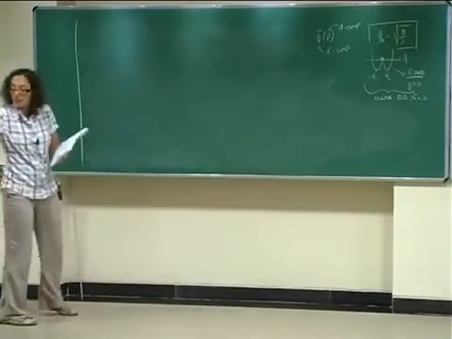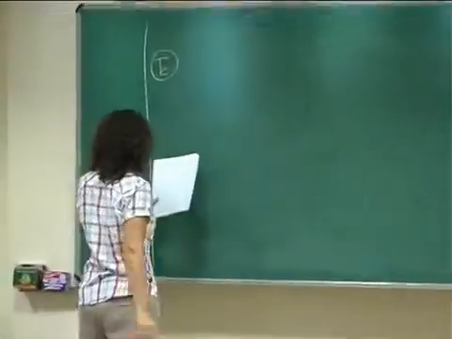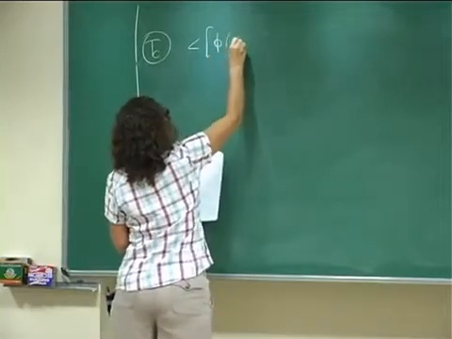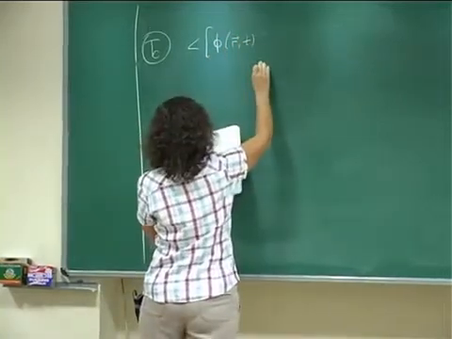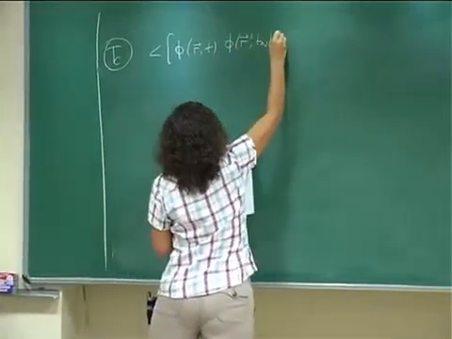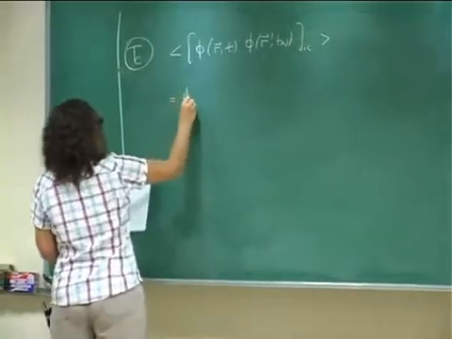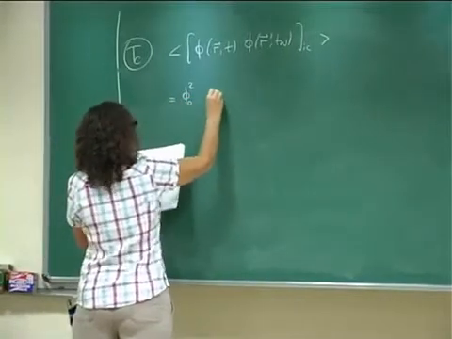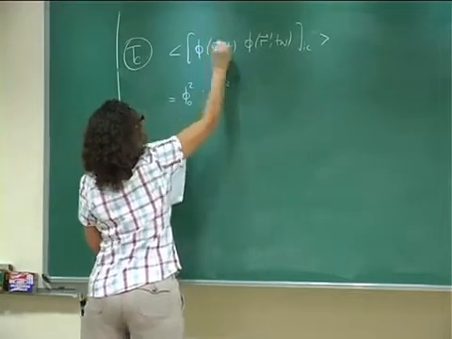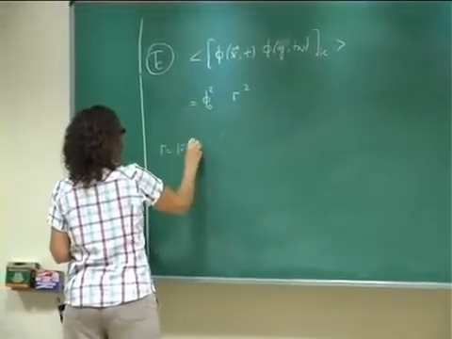So what you will find, for instance, at TC, is that this correlation function, let me see which one I wrote here. Well, I wrote the most general one. Initial conditions, noise. So this correlation function will behave as phi naught squared, with points x and y, and r will be x minus y.